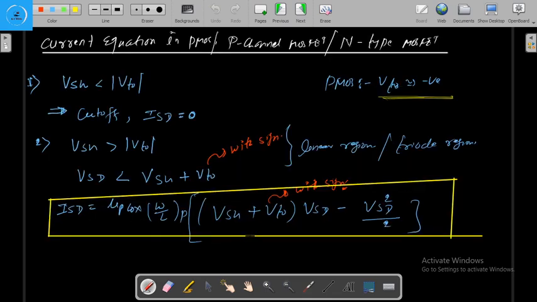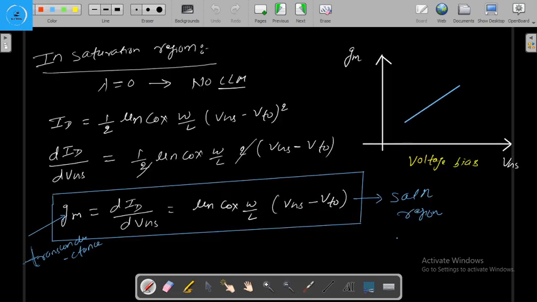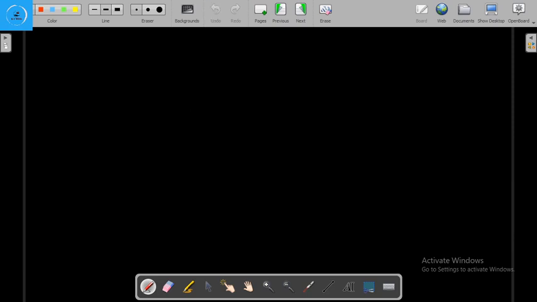Now we know that ID in saturation, let us assume this is equation 1 and this will be equation 2. From equation 1, ID will be equal to 1/2 mu_n C_ox W/L (VGS minus VT0) whole square.